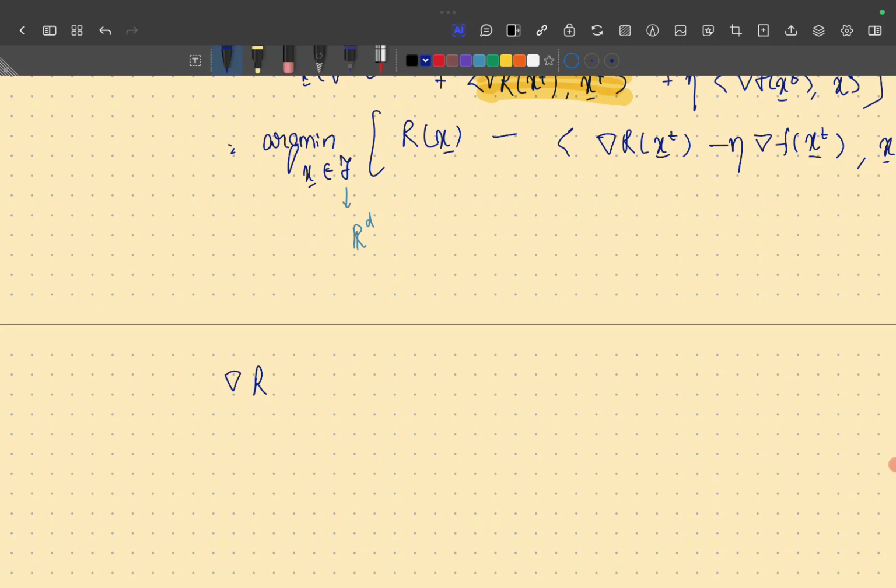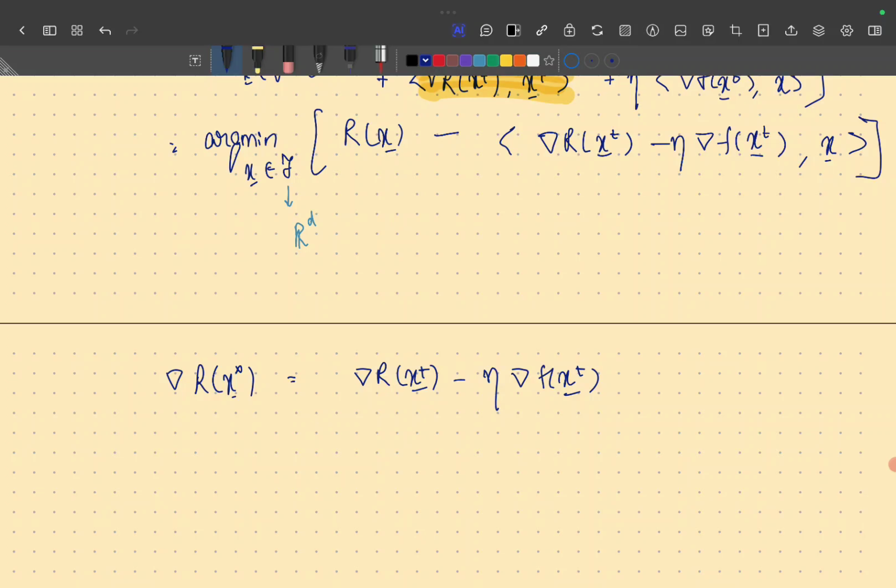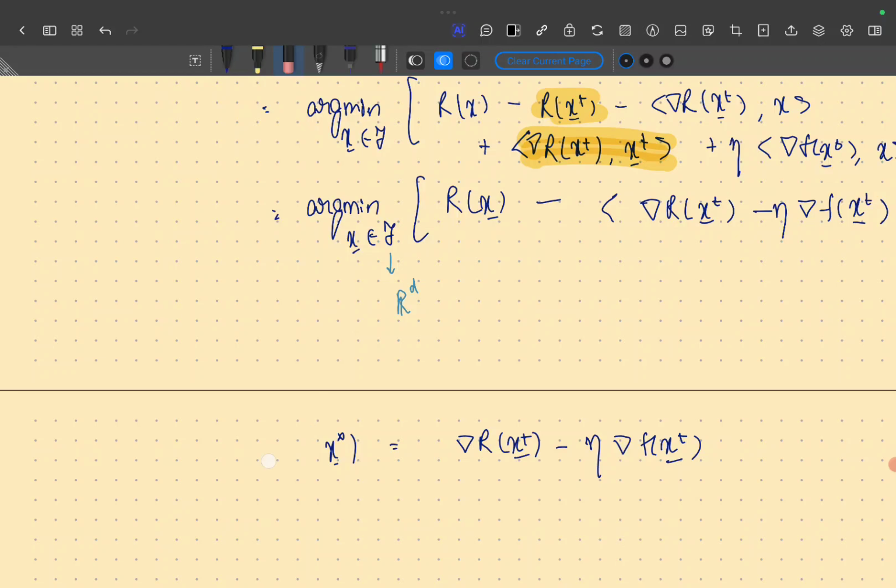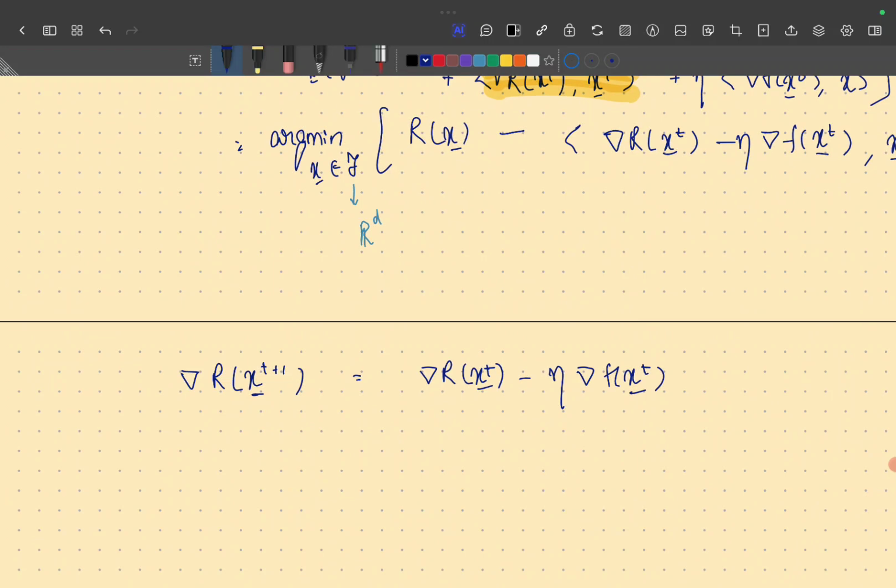So gradient r of x star should be equal to, or in other words, since xt plus 1 is equal to this argmin, I can say that gradient r of xt plus 1 is equal to gradient r of xt minus eta times the gradient of f of xt.